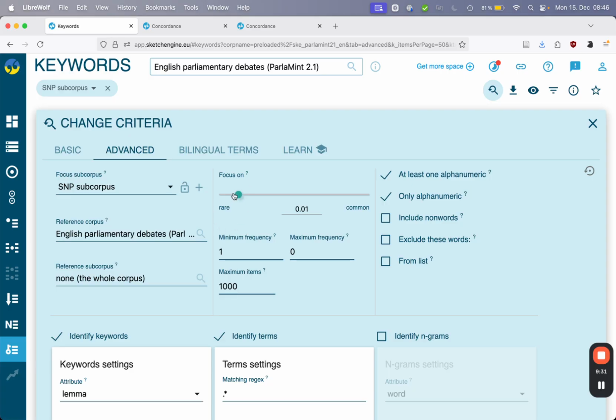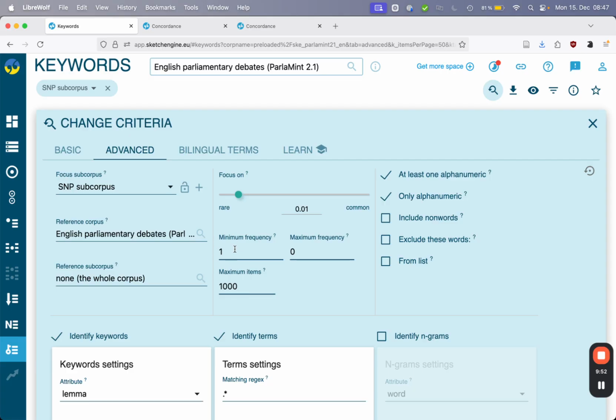So we can play around with these criteria. I've just switched it a little bit further to the left to make the engine look for things that are even rarer, and at the same time, for now I'm going to keep the minimum frequency to 1, which is probably not a good idea.